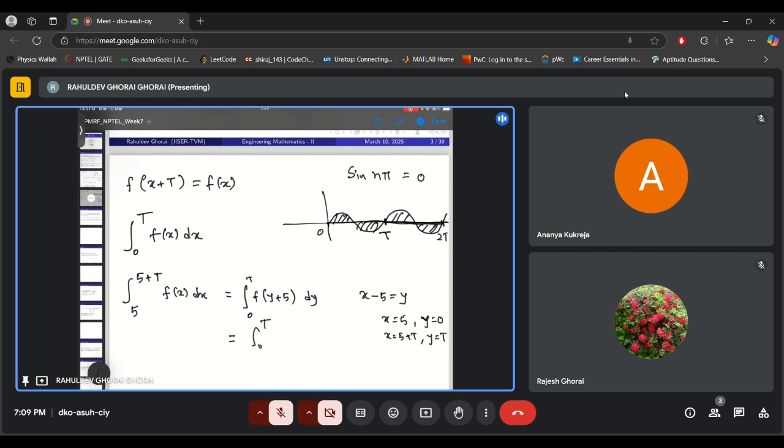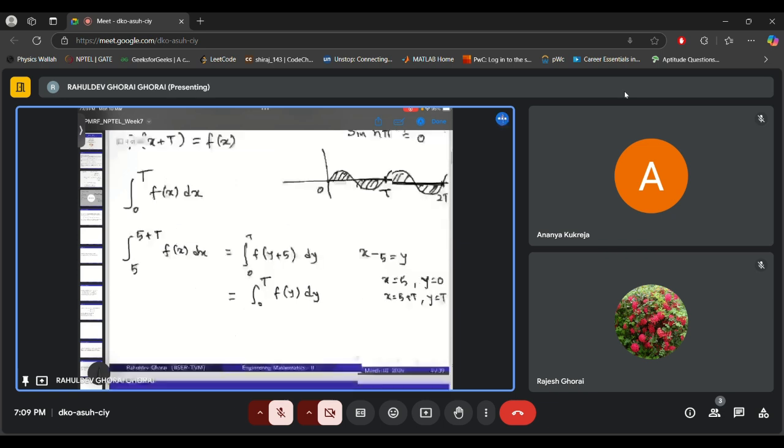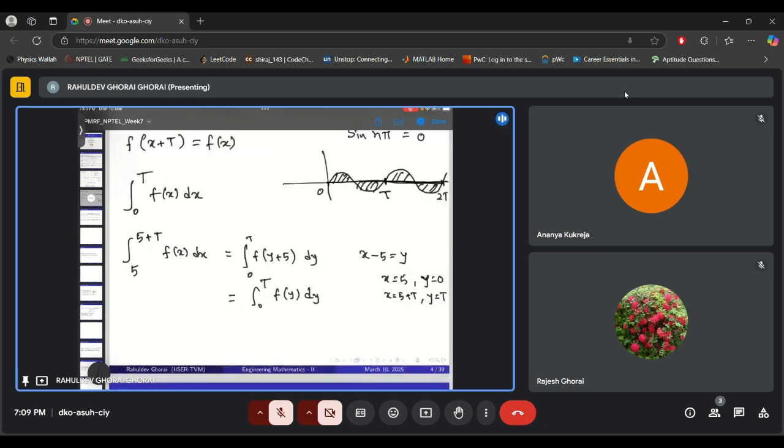Now the interesting thing is that f is a T periodic function, so f(y + 5) will be f(y), because it is a T periodic function. What you are getting is, from 5 to 5 + T, the area under the curve f(x) is nothing but the integral from 0 to T of f(x) dx.